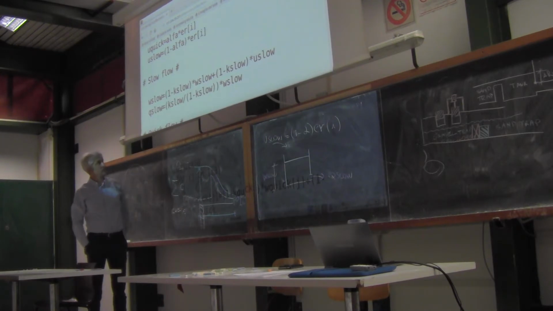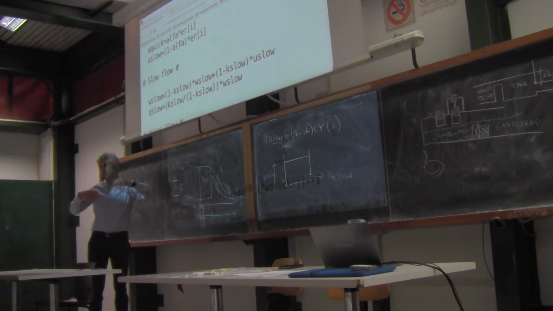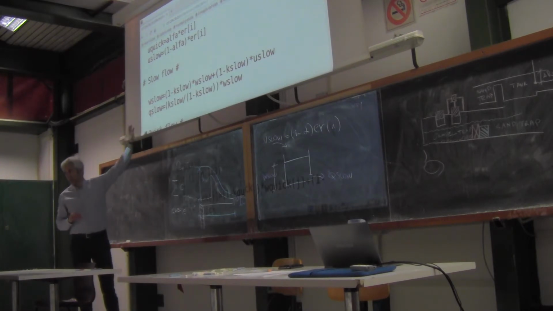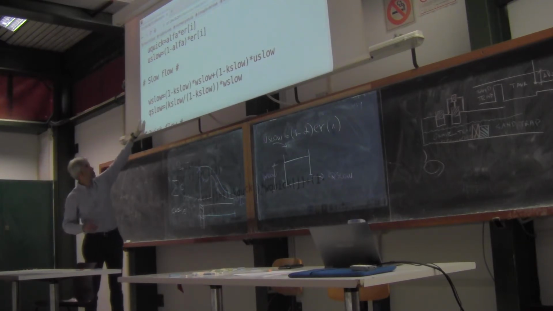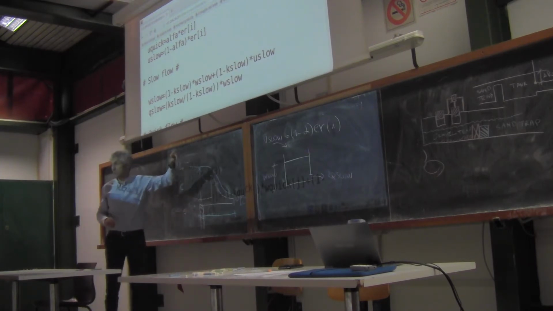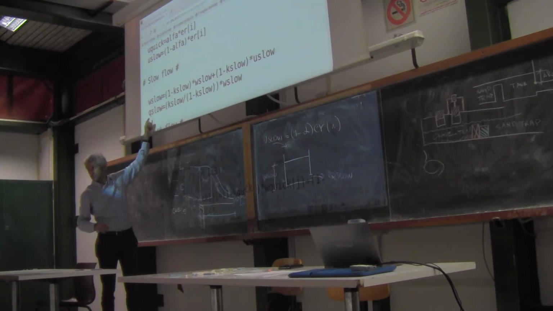Given that I wanted to derive these together with you, but it takes some time, I suggest that we skip this for now. Let's take it for granted. There are two analytical relationships that allow us to compute at each time step the outflow from the linear reservoir and the storage.